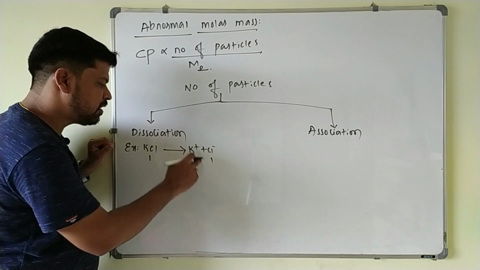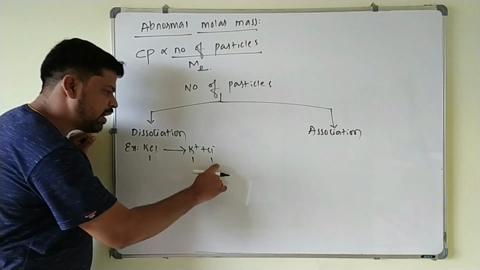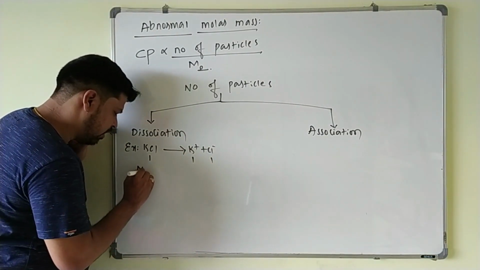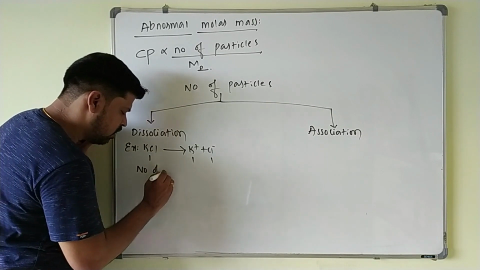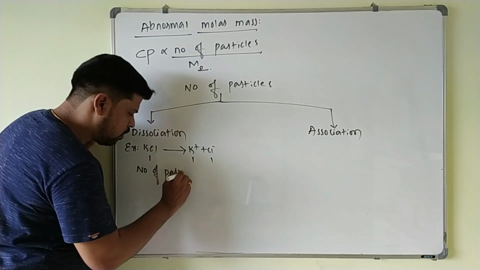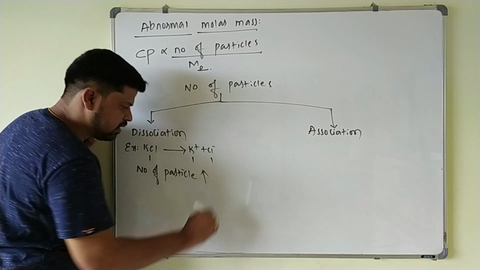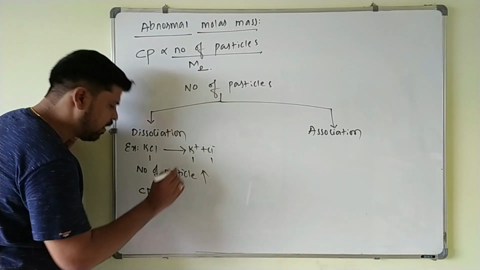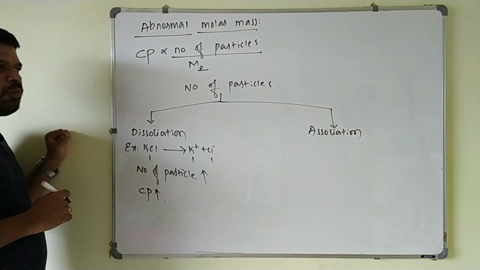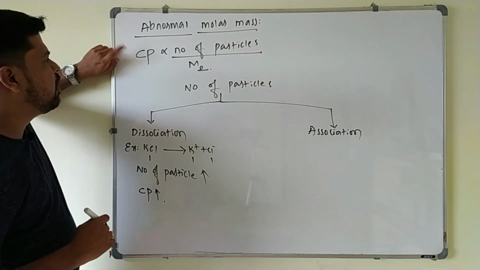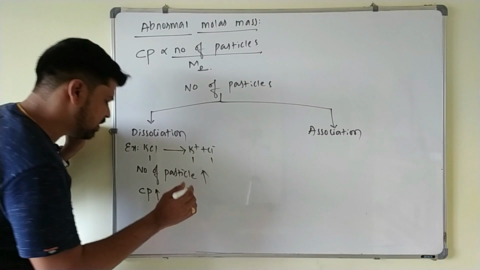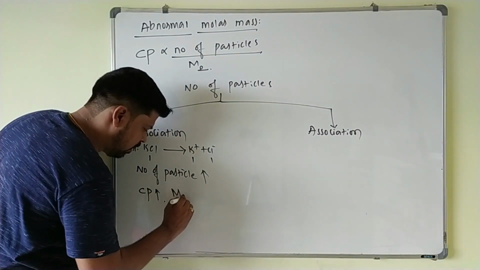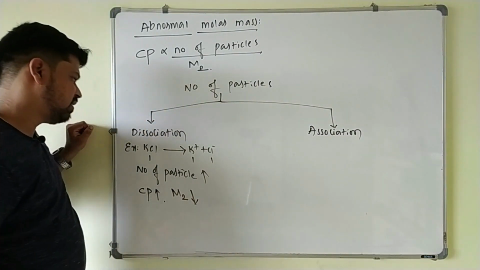Two particles, one K plus and one Cl minus. So the number of particles is increased here. If solute undergoes dissociation, the number of particles increases. As the number of particles increases, we know that the colligative property value increases because these two are directly proportional. As the colligative property value increases, the molar mass of the solute, what happens? Decreases. Molar mass of the solute decreases.